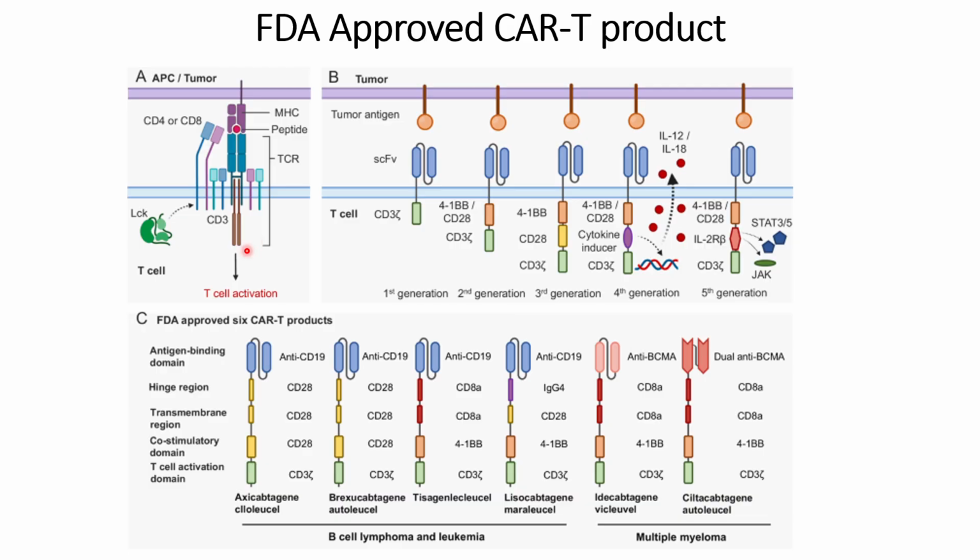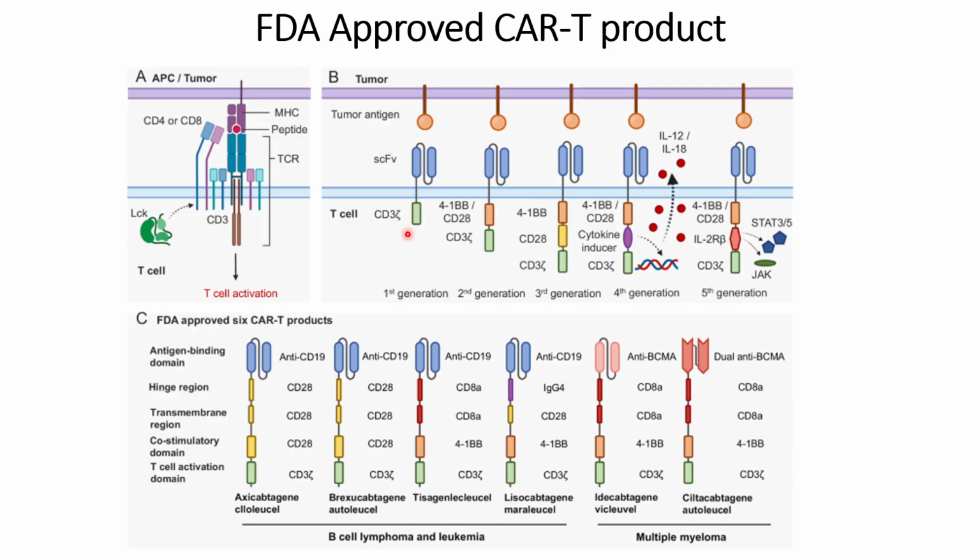So what researchers have done is they utilized this idea and made a CAR-T product, where CAR means chimeric antigen receptor. That is, they transduce the receptor information of the tumors into the T cells.